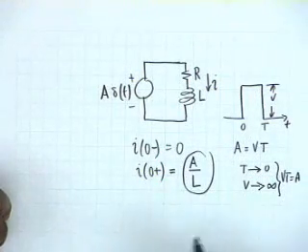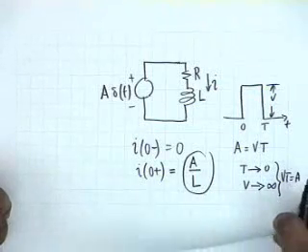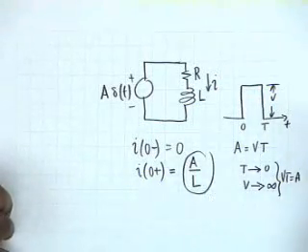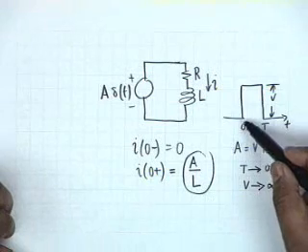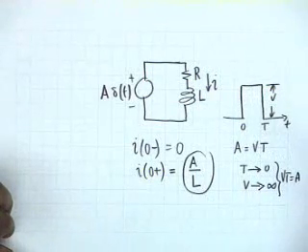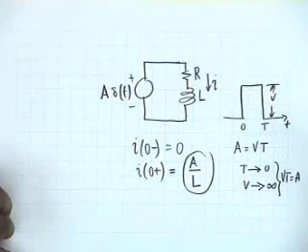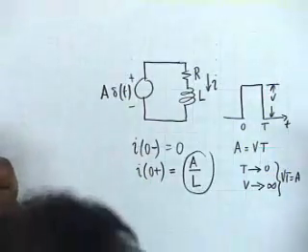I want to give you a bit of physical interpretation of this by approaching the problem from that of a pulse response and allowing capital T to go to 0.